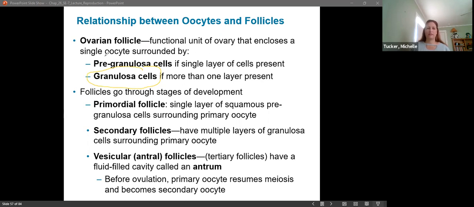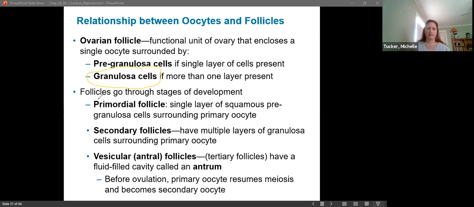The oocyte is the part that has the genetic material. It's going to become the actual egg. The granulosa cells are the cells that surround it. It's considered pregranulosa if there's only a single layer present, or granulosa if there's more than one layer present. This is because they're not functional in secreting hormones until you get enough of them together.